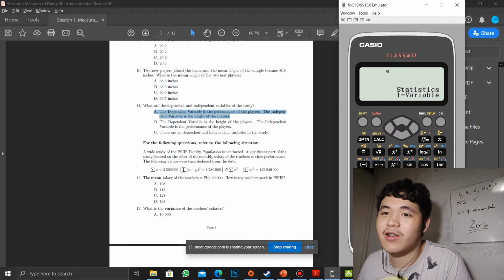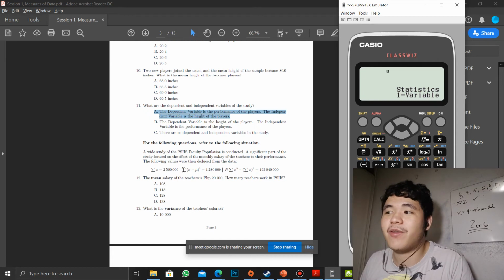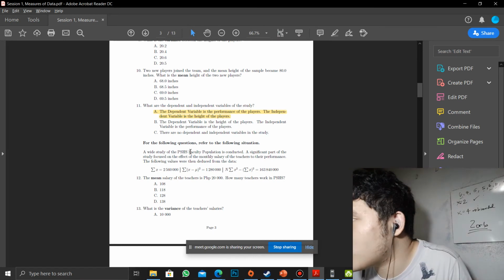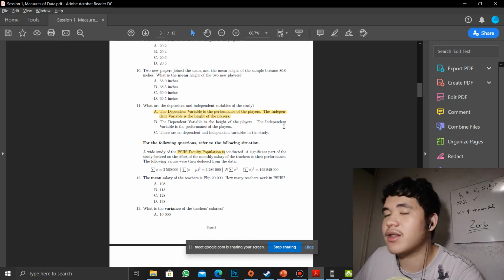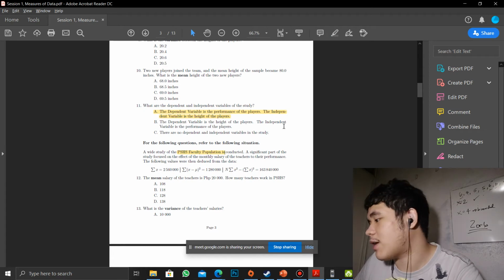Now, I want you to take a good look at the formula for the mean, standard deviation, and the variance of this kind of data. Just a few clues. Take note, PSHS faculty population.